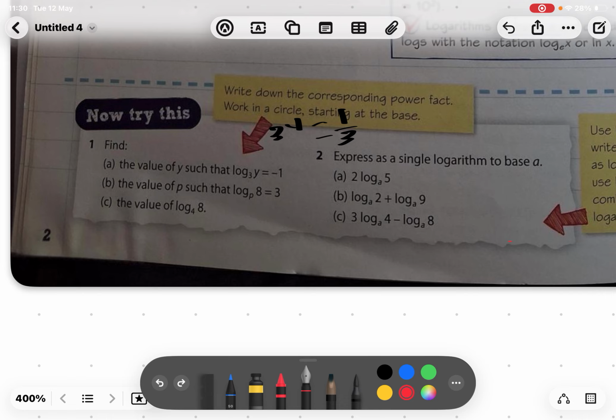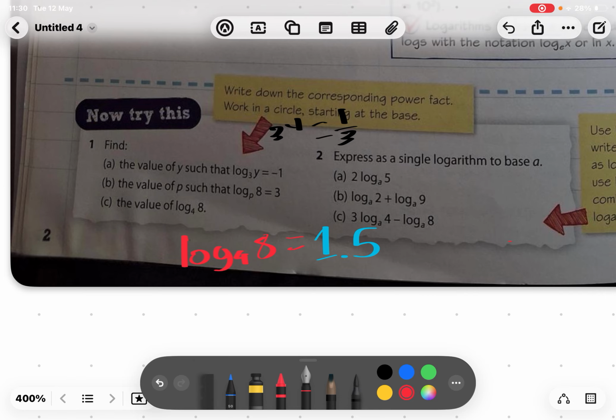After that, the value of log 4 8. Oh, you can just do this in a calculator if I'm honest. The answer of this is 3 over 1, which is 3. Hold up, log 4 8. No, sorry. 1.5, 3 over 1.